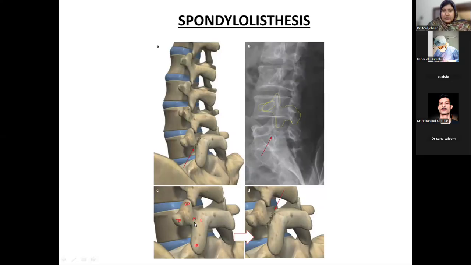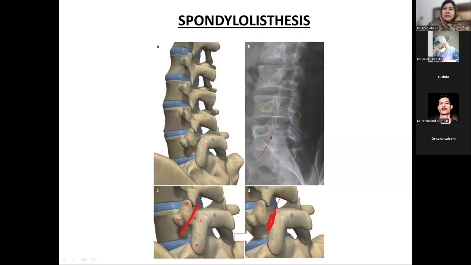Now, what is spondylolisthesis? Not just in the cervical spine, in our entire spine, there is a part which is known as the pars interarticularis. Previously we learned about this part in hangman fracture. Now similarly, if there is a fracture of the pars interarticularis of a lumbar spine, then it will cause spondylolisthesis.